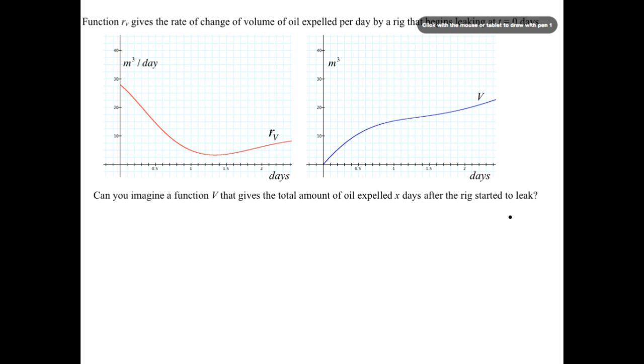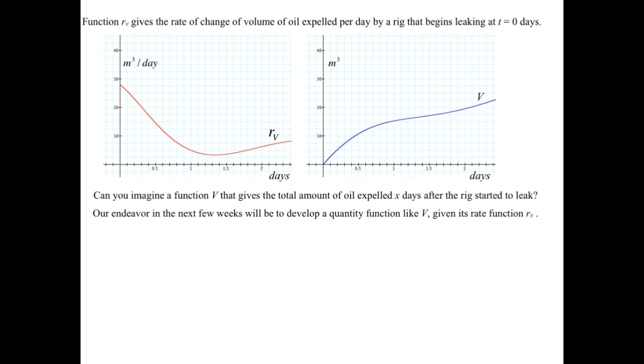So our endeavor is to develop a quantity function v given its rate function r sub v.